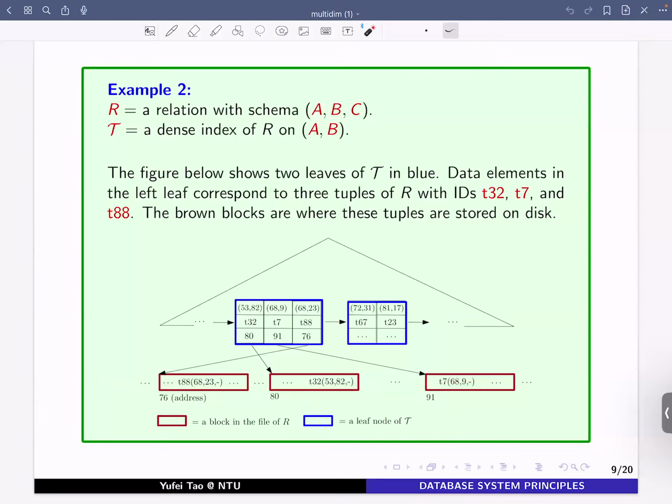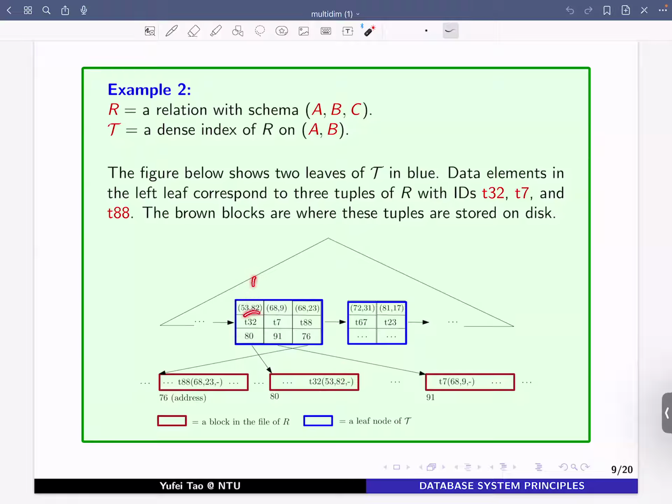But if you look at the data elements in this B tree, it's actually a dense index. So you can see two things, right? First, for every tuple, you have a leaf entry corresponding to it. For example, this is the A value and that's the B value. So you can see this is the leaf entry corresponding to the tuple.